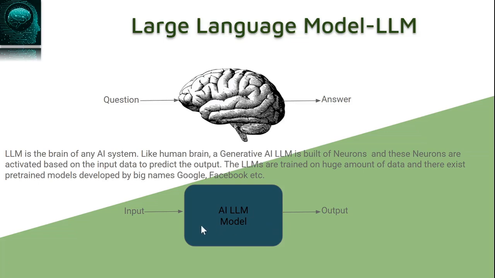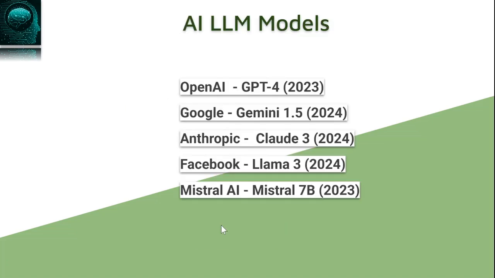The most popular models available in the market are from OpenAI, Google, Anthropic, Facebook, and Mistral. We can use any of these models to build our applications, but I will use Mistral AI because I think Mistral AI provides some more flexibility in accessing the resources.